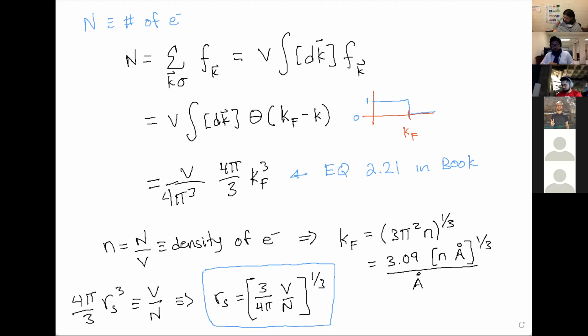So what I'm saying is that this is the density. Density is going to have a unit of 1 over volume, right? So therefore I have to multiply by this length. And when I multiply by this length, then I have the right units here.